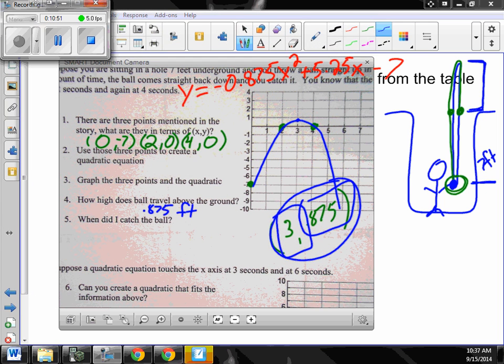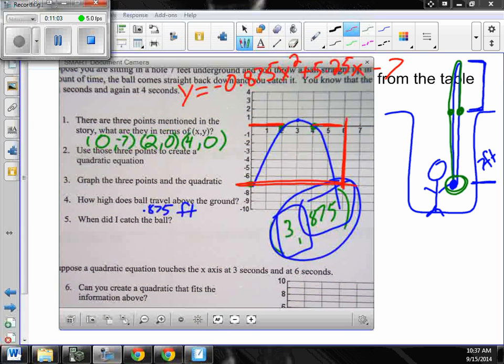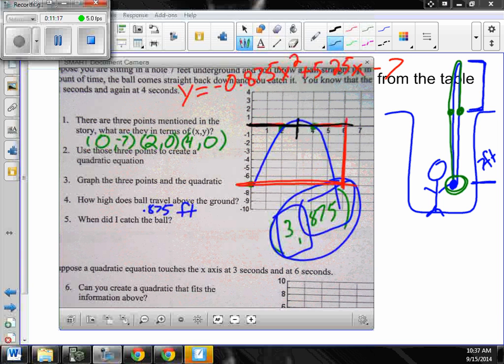So Cameron said, well, it took 2 seconds to go from here to here, so it must take 2 seconds to go from there to there, which is right, 6 seconds. You could also say it took 3 seconds to go from hand to maximum, so it must take 3 more seconds to go from the maximum to where you can catch it. So the answer is 6 seconds.